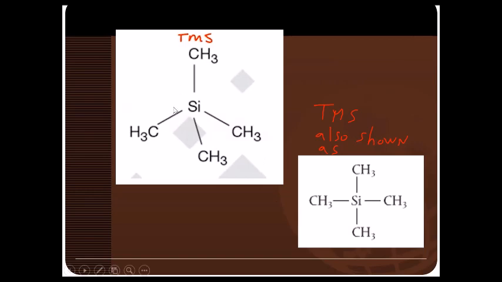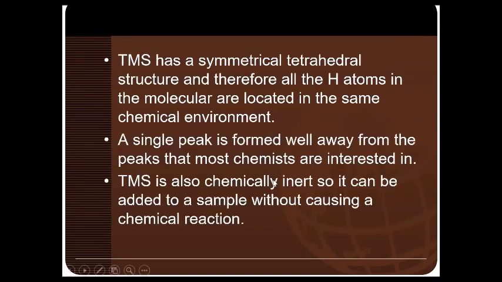This is shown a little bit more spatially arranged, and this is more just a flat 2D version of it. So this is your TMS. Basically, this chemical we just use to zero your machine.